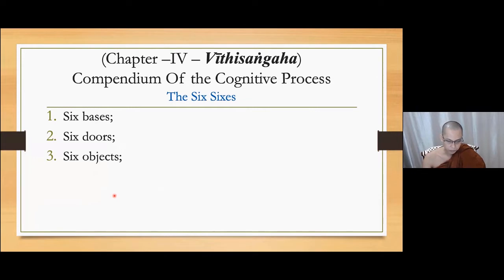Okay, so in the Vithi Sangaha, there are mentioned the 6 sixes, called Chachakka in Pali. So 6 groups of 6 types. First, the 6 bases, Chavatthuni, already studied in chapter 3. And second, 6 doors, Chadvarani, and third, 6 objects, Chaarammanani. We already studied them, but here I mention them again. And number 4, 6 types of consciousness.